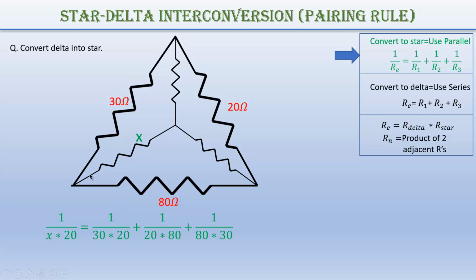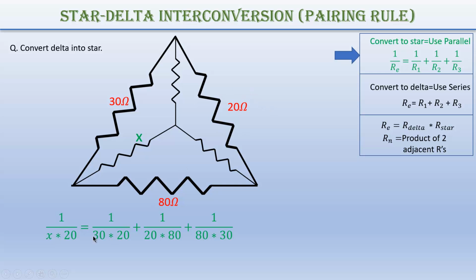As you see from here, this resistor is pointing towards this resistor, so X and 20 will pair and form equivalent resistance. And for R1, just consider 80 ohm as R1, then the adjacent resistors connected to it will be 30 ohm and 20 ohm.